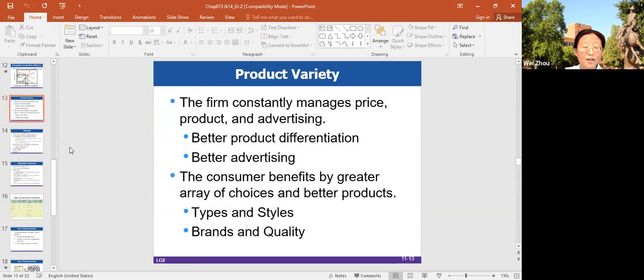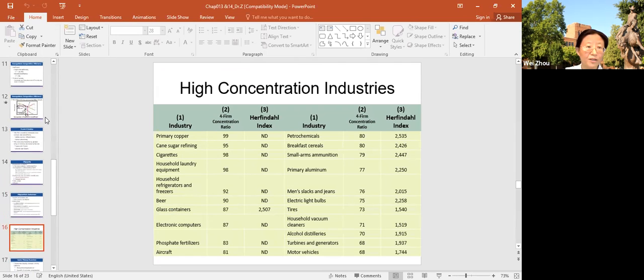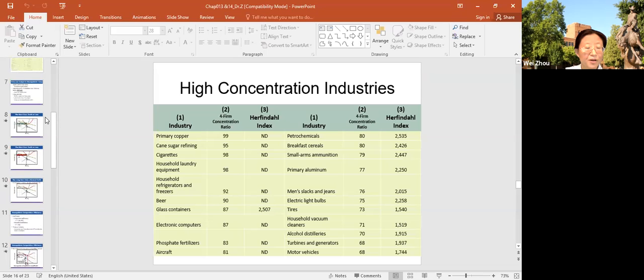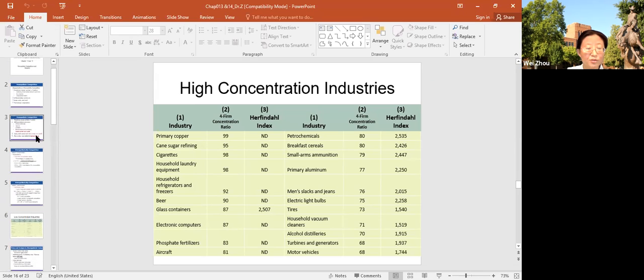So in that case, if you want to know how concentrated the business you are in is, you can check this and then you will figure out whether you are in monopolistic competition or oligopoly, because then you will behave differently. So the first thing for monopolistic competition is you need to know the characteristics and then you need to calculate the concentration ratio to say where you are more towards.